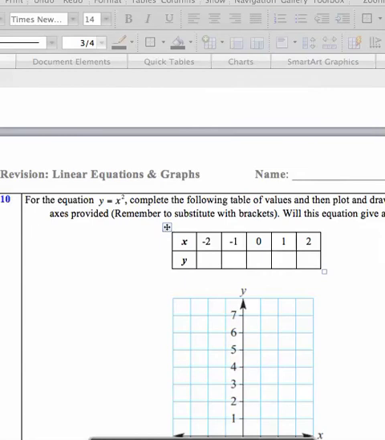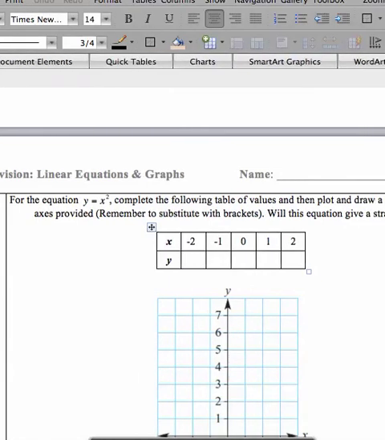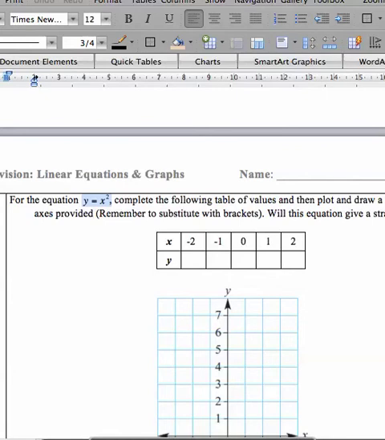Now, the next question that I really want to do is question 10, because we haven't had a chance to do this in class before I left. Now, using a table of values, we can use a table of values to draw any type of graph. It can be a straight line, can be a curved line like a parabola. If you look at this equation here, we know straight away it is not going to give us a straight line because the power of x is what? 2.